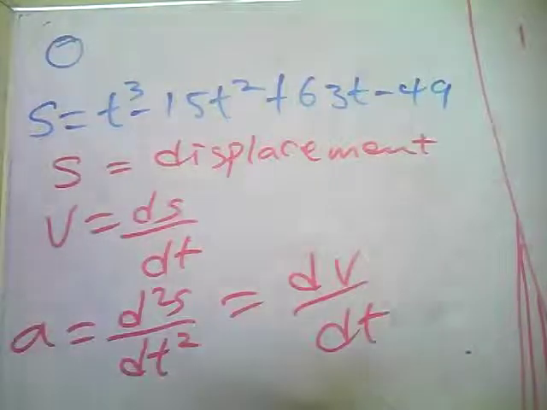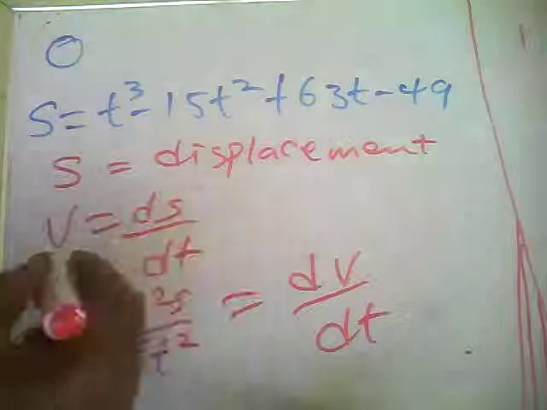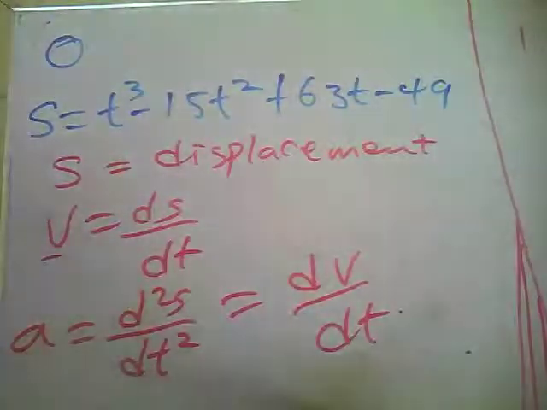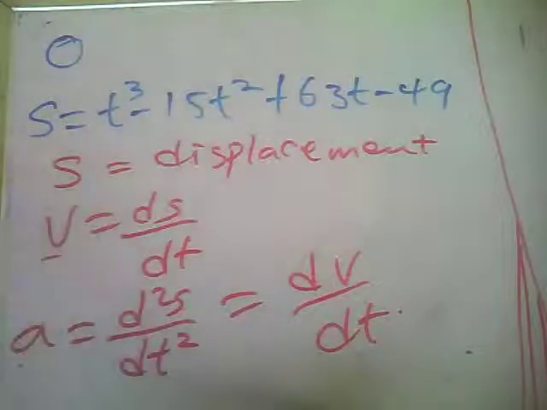When we differentiate displacement, we have velocity. We differentiate velocity, we have acceleration. Or when we differentiate displacement twice, we're going to have acceleration. These are important formulas in kinematics.